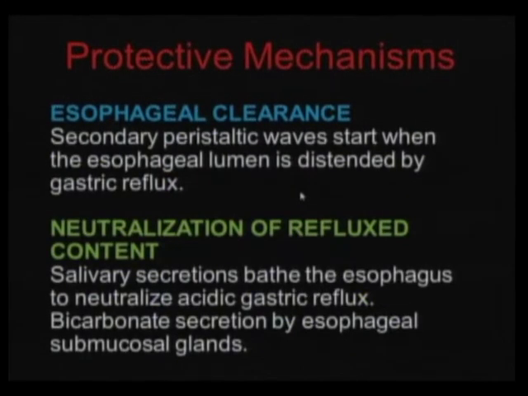That try to get rid of the reflux back into the stomach. Second one is the neutralization of the reflux. Multiple options we have. Salivary secretions, okay, that neutralize the acidic gastric reflux, and bicarbonate secretion by esophageal submucosal glands.